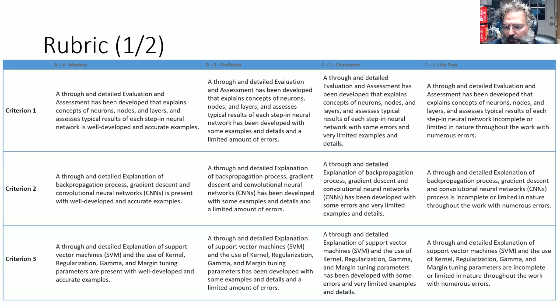The rubric, and there are, I believe, 6 in this one. The first one is a thorough and detailed evaluation and assessment has been developed that explains the concepts of neurons, nodes, layers, and assesses typical results of each step in neural networks. And then a thorough and detailed explanation of backpropagation process, gradient descent, and convolutional neural networks. And then a thorough and detailed explanation of support vector machines and what a kernel is, regulation gamma, and margin tuning parameters, as well as some examples.